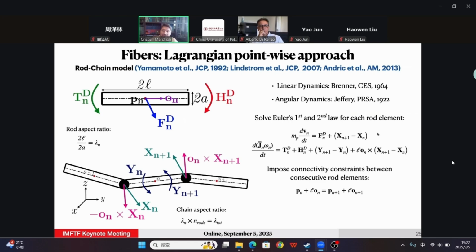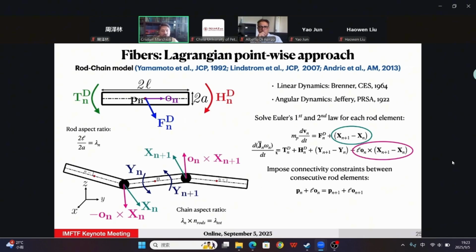So here you see the equation of motion, which is nothing but the force balance equation for the translational velocity Vn that we compute for every rod in the chain, subject to the drag force and the constraint forces that keep the rods together, only allowing relative rotation. So these forces here, of course, introduce also an additional torque in the angular dynamics that allow us to compute the rotational velocity of each rod in the chain.